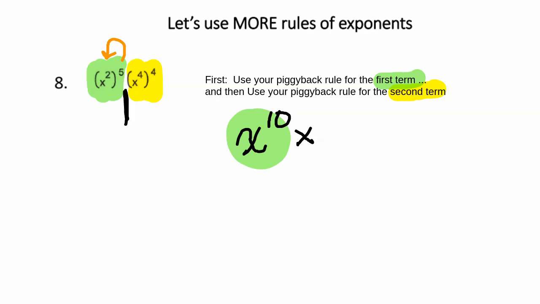Because there's no space between here. And then I'm taking my yellow term, and I'm going to put it right here. This is going to give me x to the 16th. This is taking my piggyback rule for the first term, which was the green one, and then the second one, which is the yellow one.